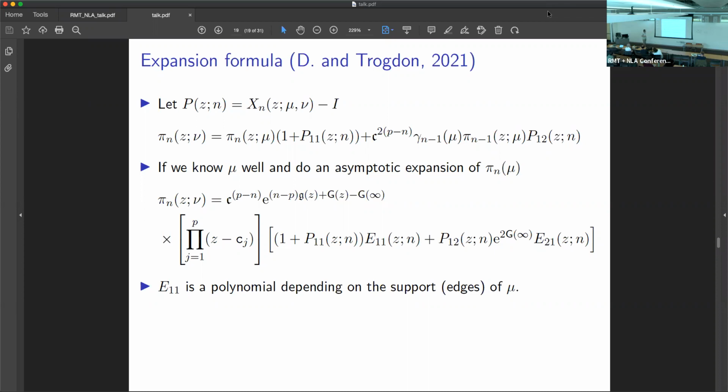Another thing is that many quantities only depend on the support of mu, let alone the density of mu. Some parts depend on the density, but many only depend on the support of mu. This is important because in random matrix theory there exists a theory to help you compute the edges, without knowing the whole picture of the distribution.